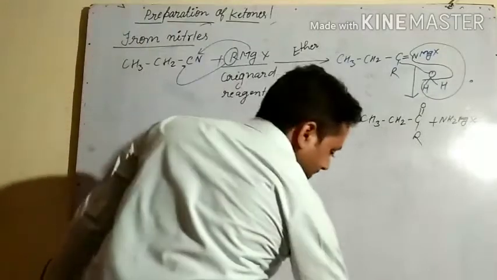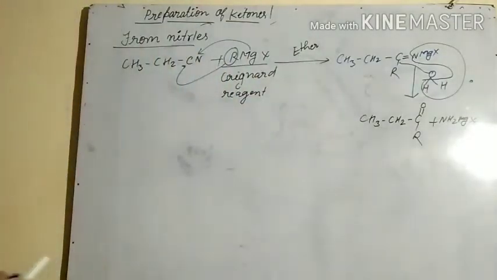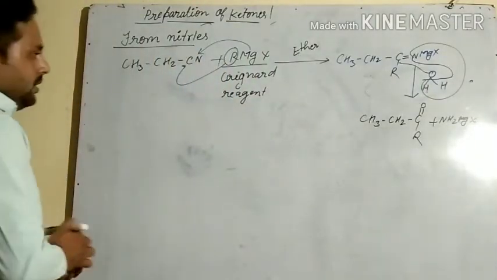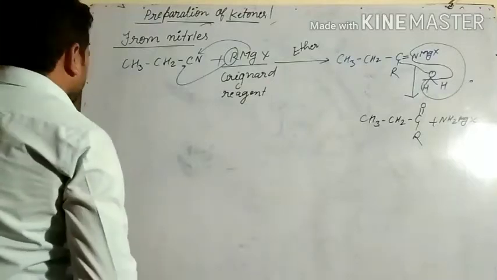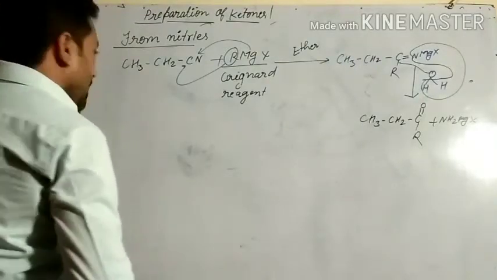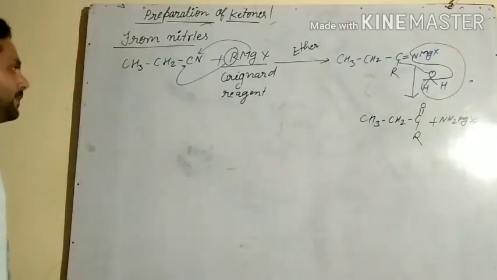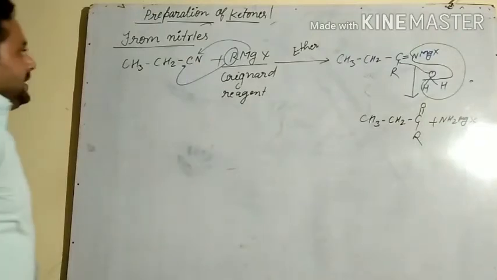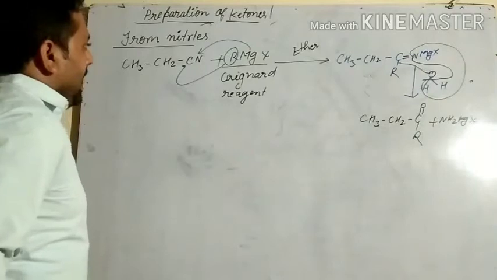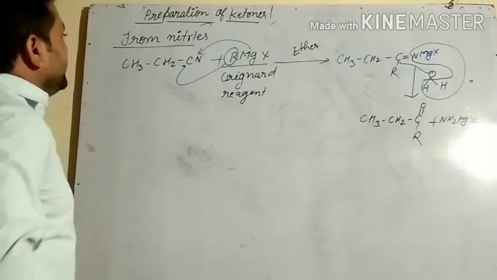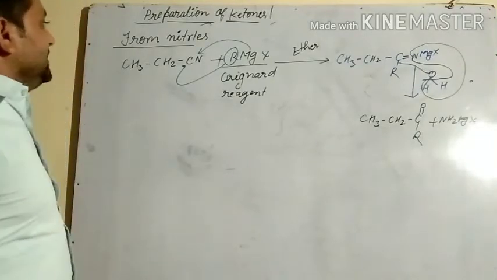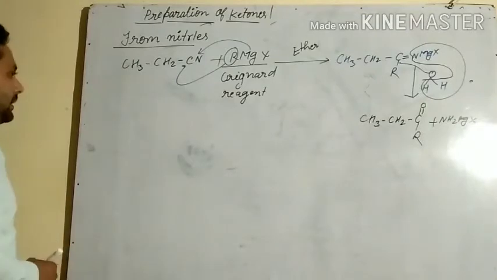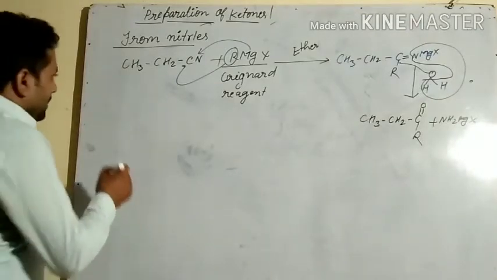Many other products we can write by following this. So how can we follow it? Let us take some example. By this method, we can prepare alkyl ketone or aryl ketone both. Let us see.